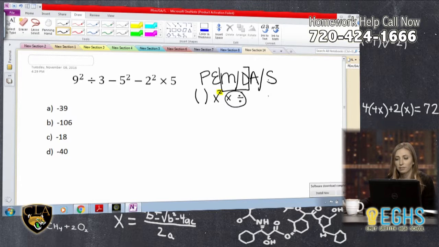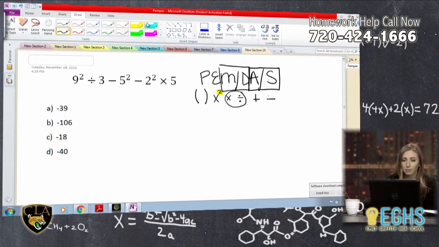I do end up seeing that in this problem. If you see division and multiplication, those should go left to right. That's one of the most common errors when it comes to following order of operations. Same goes for addition and subtraction. It also goes from left to right. So if we see a subtraction before we see addition, again, it's left to right.